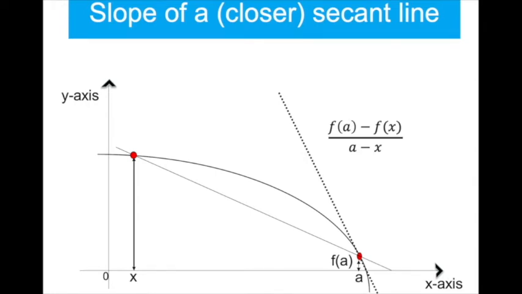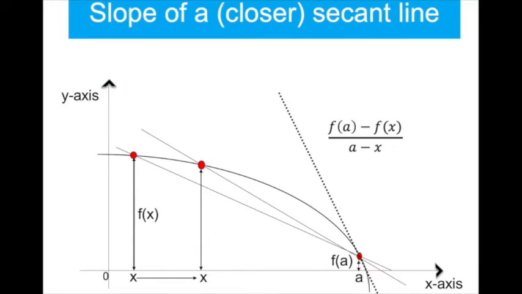There you go. Bringing the secant line closer means bringing the x point there closer to A. So by doing that, we have a secant line closer to the tangent line.